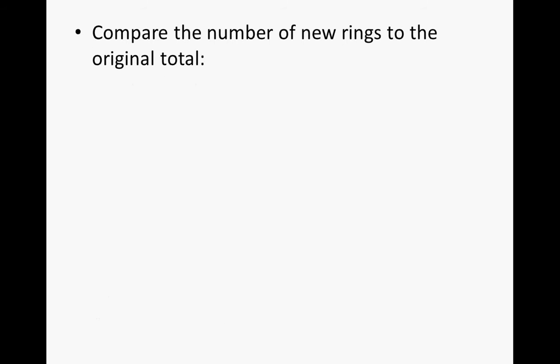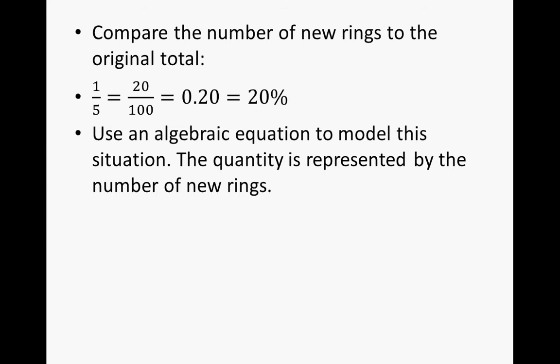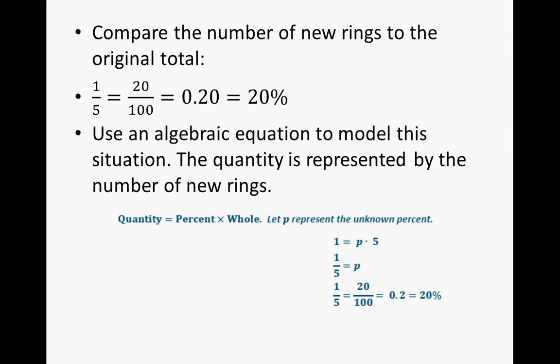So compare the number of new rings to the original total. So 1 out of 5 rings is the same as 20 out of 100, which is 20 hundredths, or 20%. Use an algebraic equation to model this situation. The quantity is represented by the number of new rings. So go ahead and write this down. Quantity is equal to percent times whole.